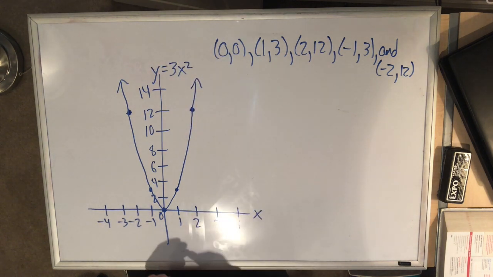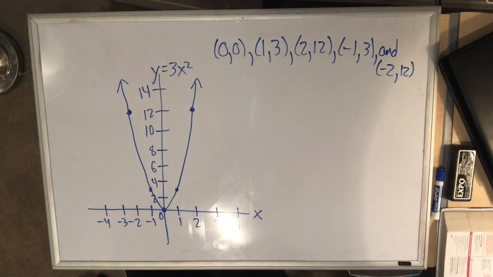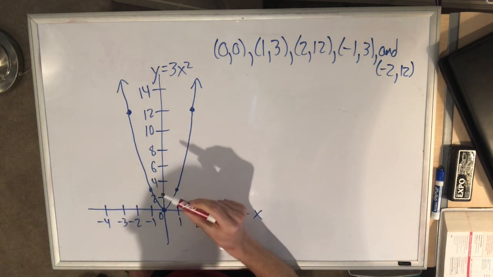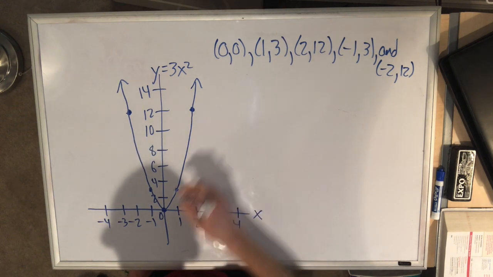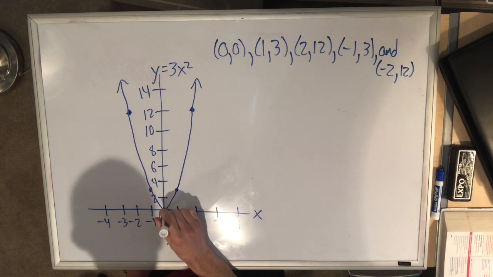Let's compare that to the graph of y equals x squared. I'll use a different color marker for that. So y equals x squared. Let's use this maroon color marker. If you substitute in 0 for x, you get 0 for y.